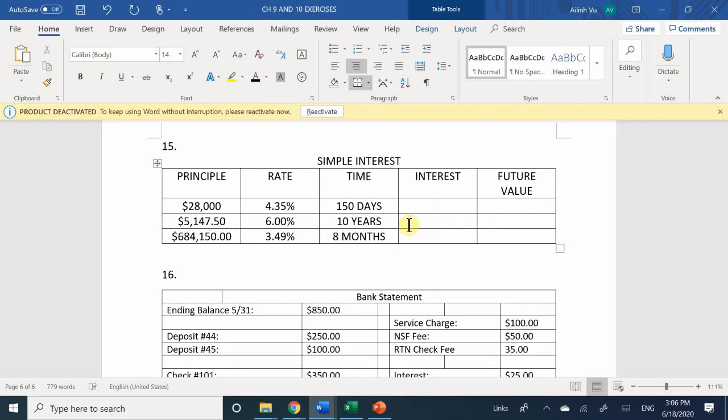Okay, and then what was our number that we originally got? $121.80? Where are you getting this number? Did I write it down wrong? 28,000 times 4.35%.